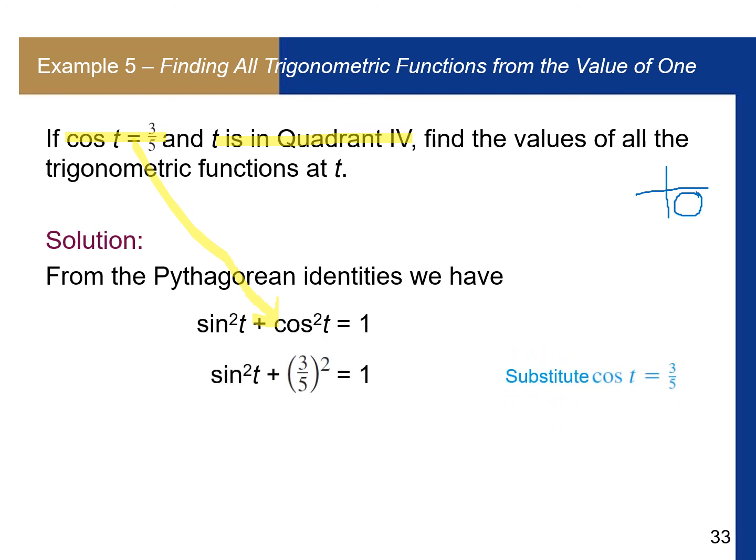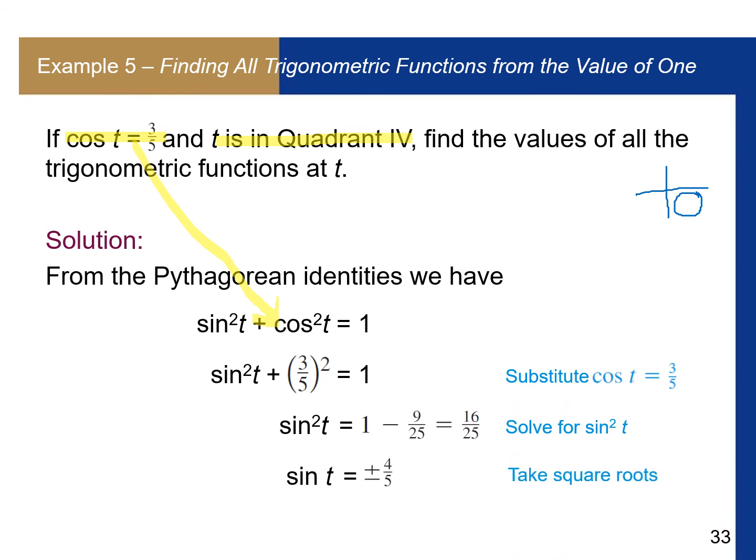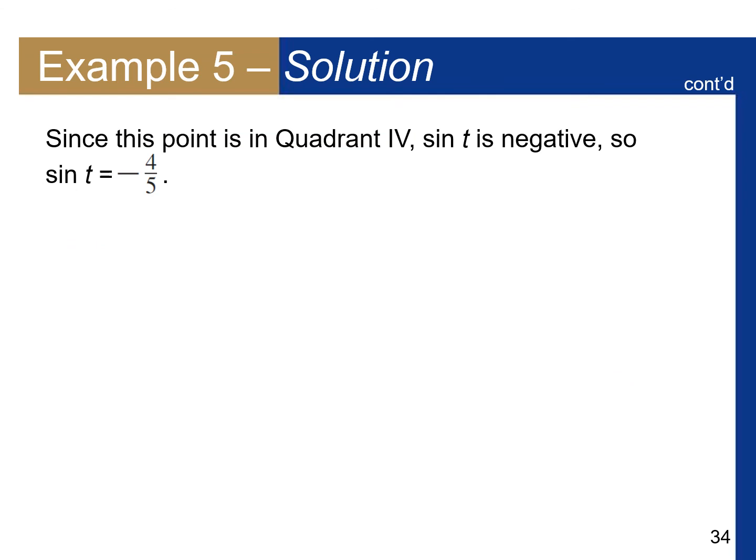So I will square it, subtract it from both sides, and then take the square root, and I will get plus or minus 4/5. Now I have to ask myself, sine in the fourth quadrant would give me what? Is sine positive or negative? It's negative since it's in the fourth quadrant. My y value is in fact negative.